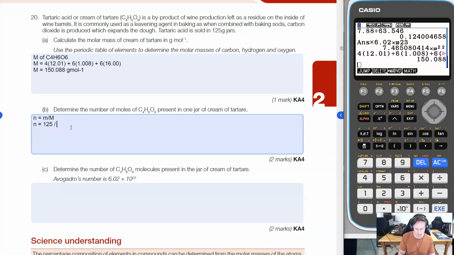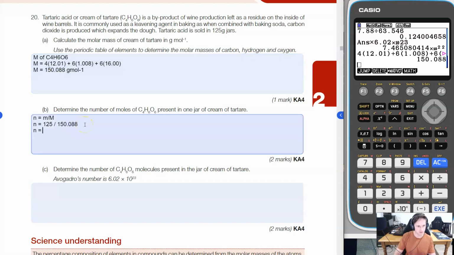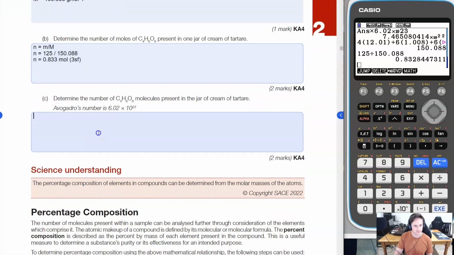So that's given to you. Divided by the molar mass, which is this. So the number of moles, 125 divided by 150.088. It's going to be slightly less than 1. 0.833 mole, which is rounded off to 3 significant figures.